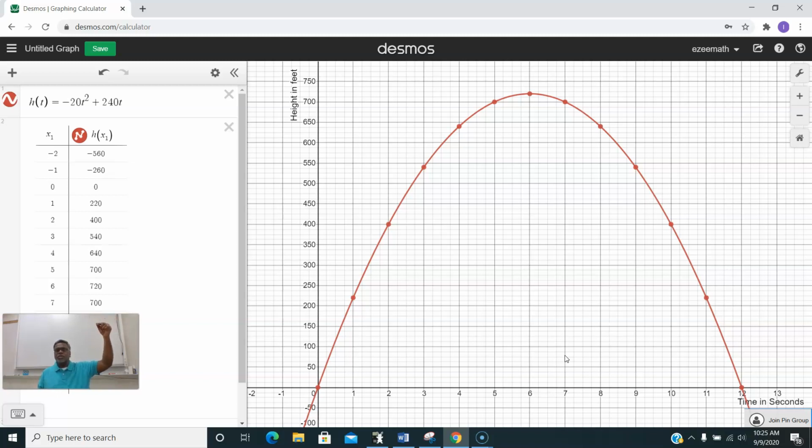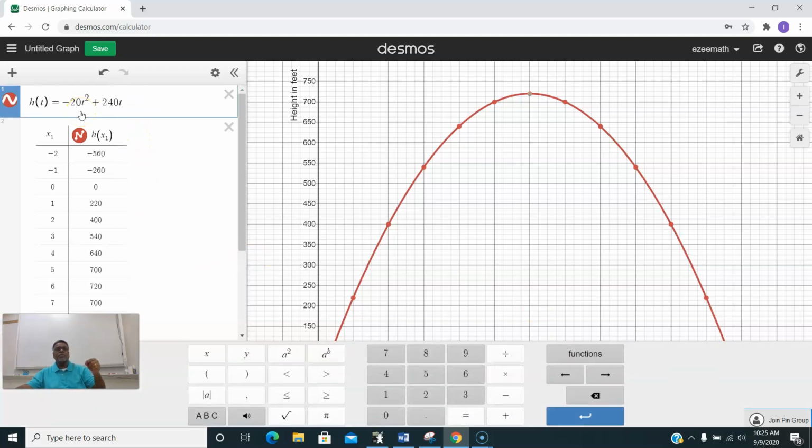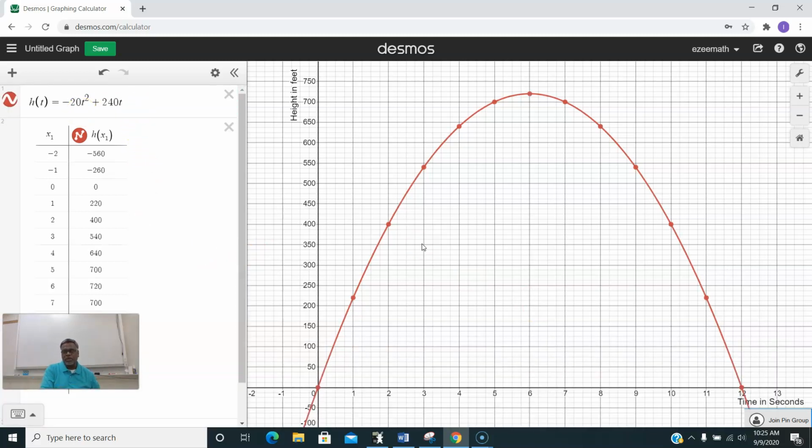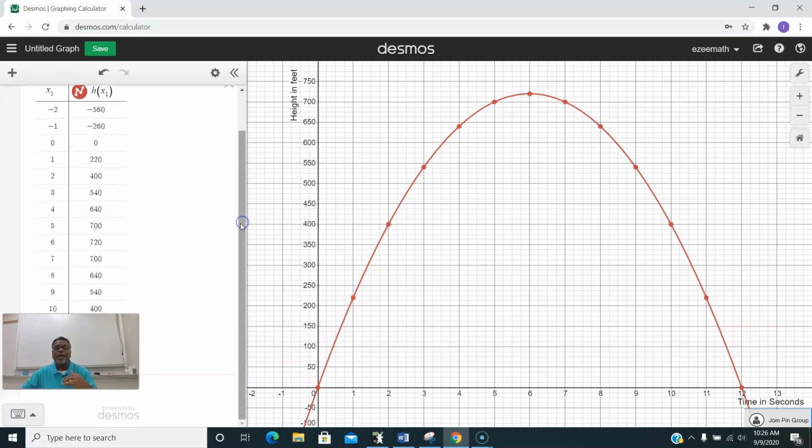So what will happen to the given function? Instead of launching from the ground level 0, if it is launched from a height of, let us say, 150 feet, then what will happen to this function? It is no longer just negative 20t square plus 240t, but it got some height. So that height you have to add to it.